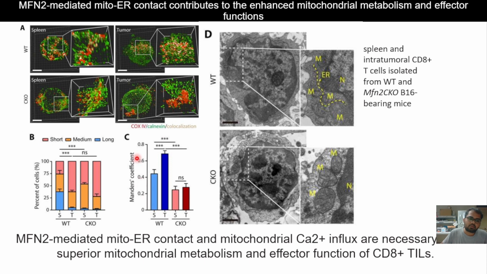In the tumor, compared to spleen, they are more co-localizing. But when you knock out MFN2, this difference is gone. It means that there is less mitochondria-ER contact in the tumor in MFN2 knockout cells, which they also showed by electron microscopy.